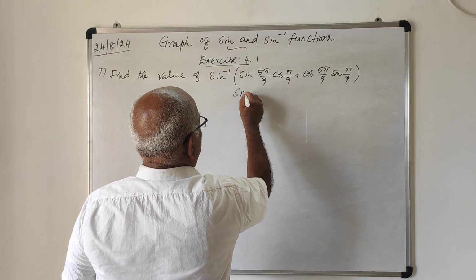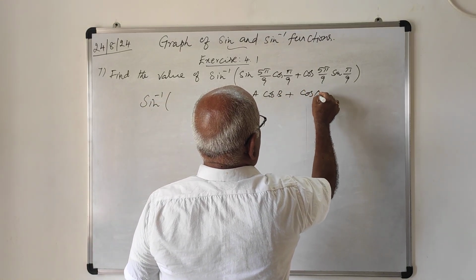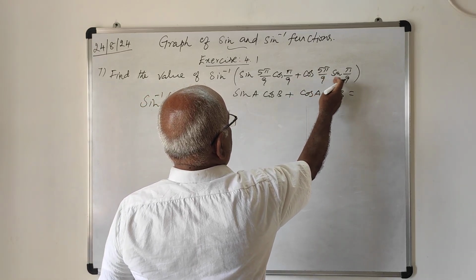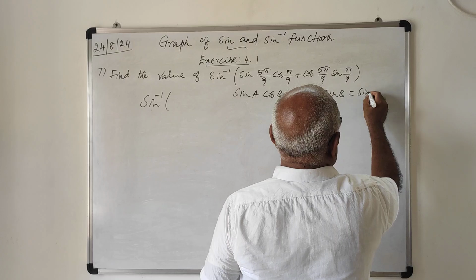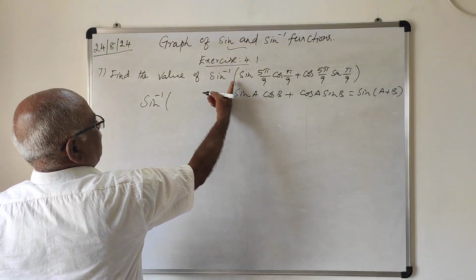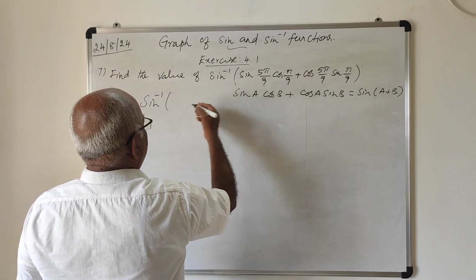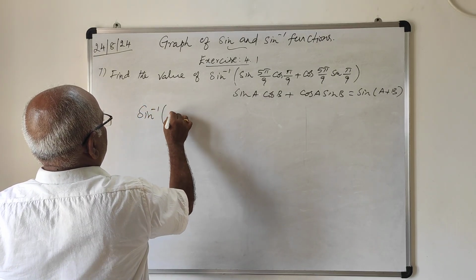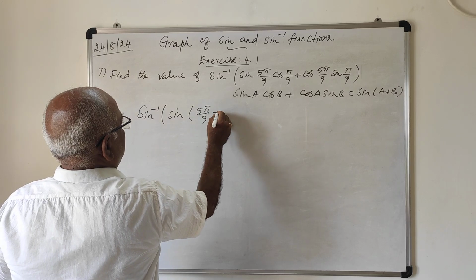This is of the form sin A cos B plus cos A sin B, where A is 5π/9 and B is π/9. It is nothing but sin(A + B) by the trigonometric formula. So you get sine inverse of sin(A + B), where A is 5π/9 and B is π/9.